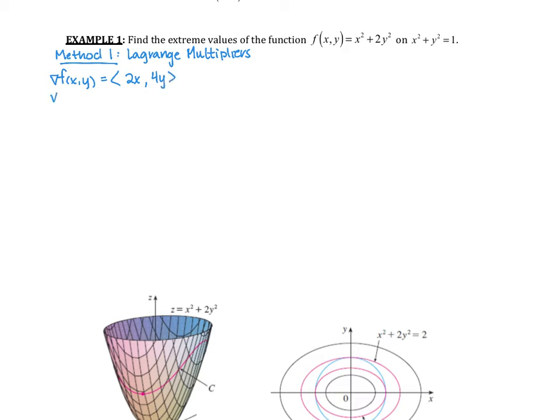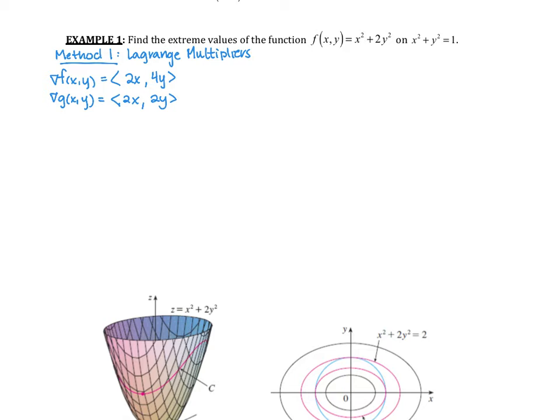And then we're going to find the gradient of g of xy, our constraint function. Again, it's a gradient, so it's going to be the organization of the partial derivatives with respect to x and y. So the partial with respect to x is 2x, partial with respect to y is 2y.